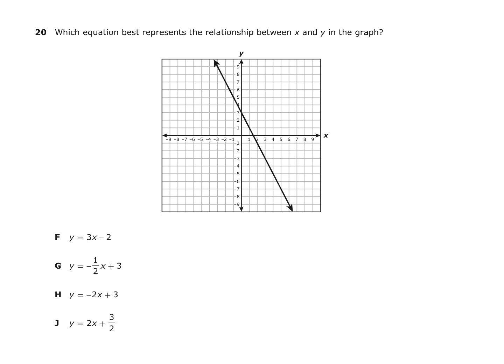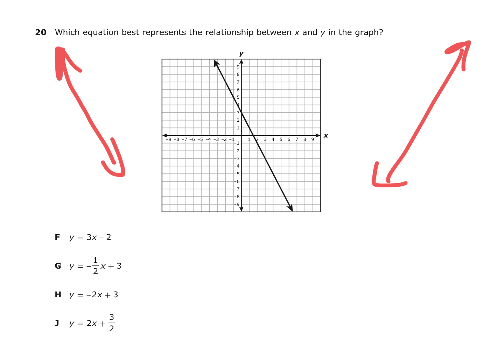For number 20, you have an equation that represents the relationship between x and y. So you have a line that is going down from left to right, that's decreasing, and that's the negative slope. And if it's going up from left to right, that would be increasing, so this would have a positive slope, and this would have a negative slope.